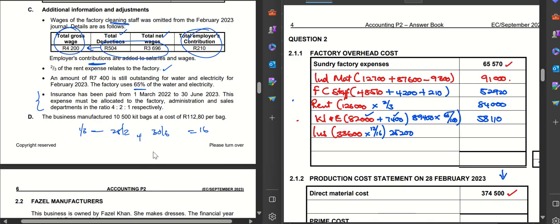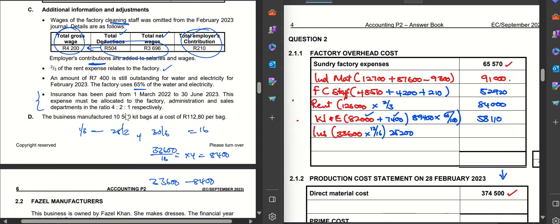Then it will give you 25,200. Someone would have simply said 33.6, divide this by 16, then multiply that amount by 4, and you'd end up with 8,400. Then 33.6 minus the 8,400 takes you back to 25,200.